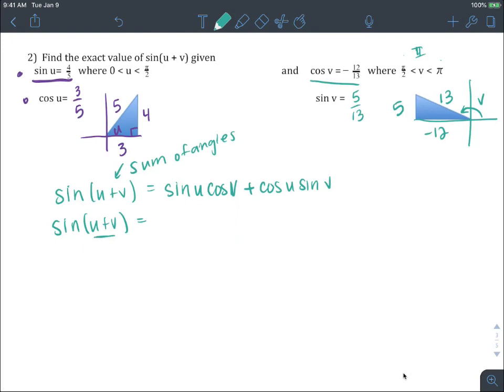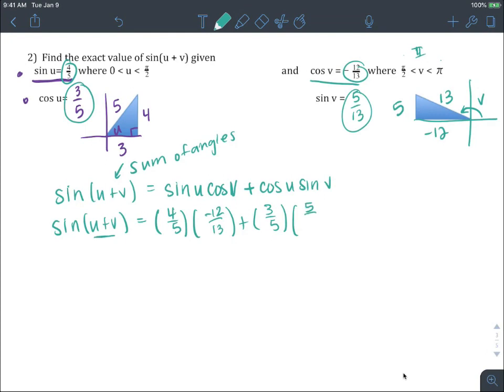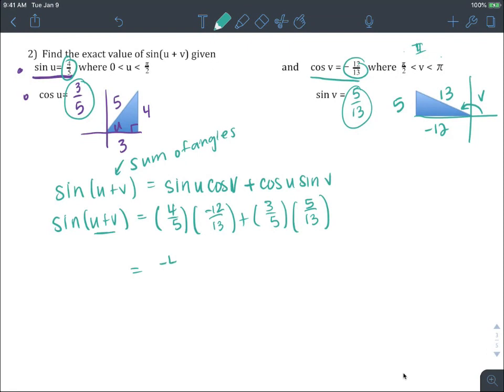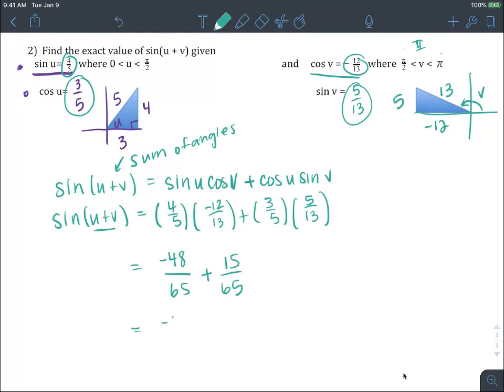So the sine of u is 4/5. The cosine of v is negative 12 over 13. The cosine of u, 3/5, and the sine of v, 5/13. So that equals negative 48 over 65 plus 15 over 65, which is negative 33 over 65.